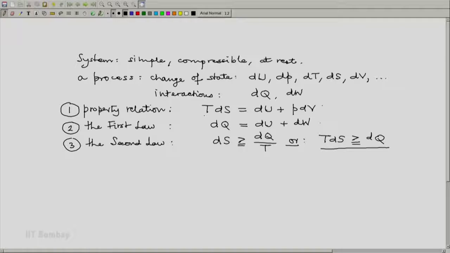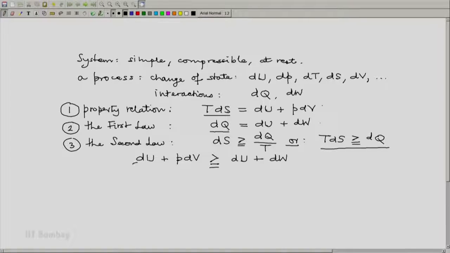The left hand side of 1 is TdS, the left hand side of 2 is dQ, and that means if the left hand side of 1 is greater than the left hand side of 2, the right hand side of 1 must also be greater than the right hand side of 2, and that means we must have dU plus PdV, which equals TdS, is greater than dQ, which can be written down as greater than or at most equal to dU plus dW.